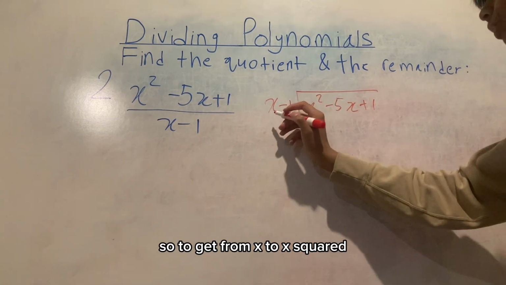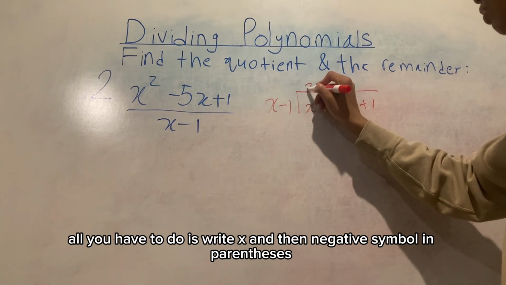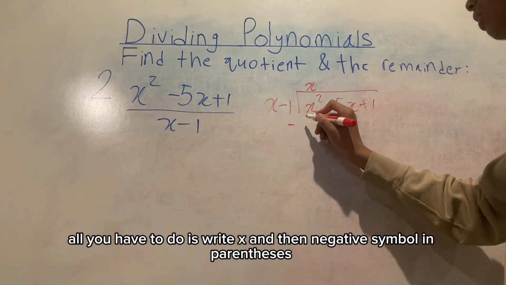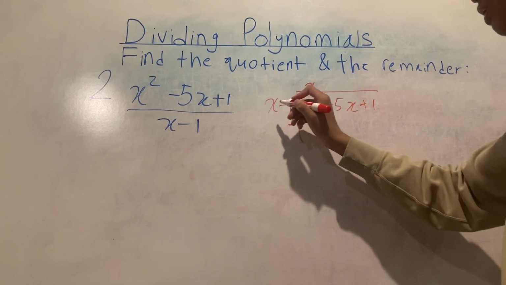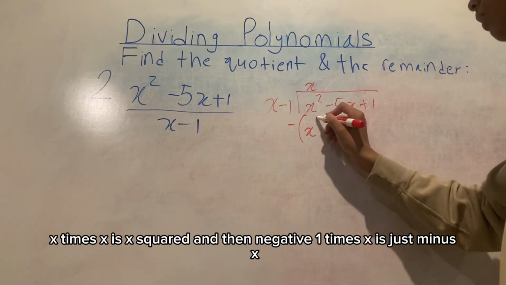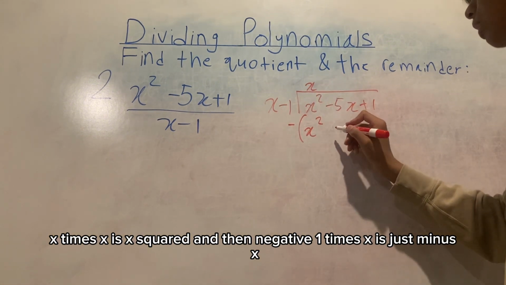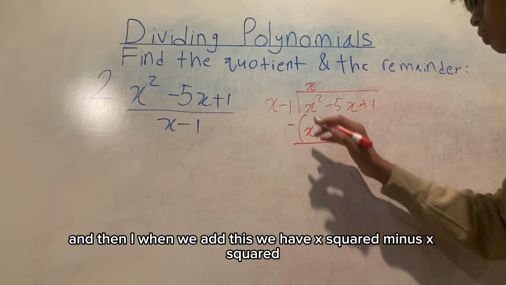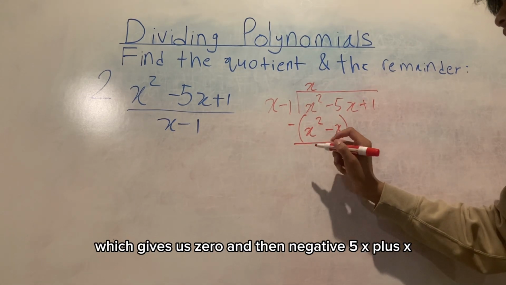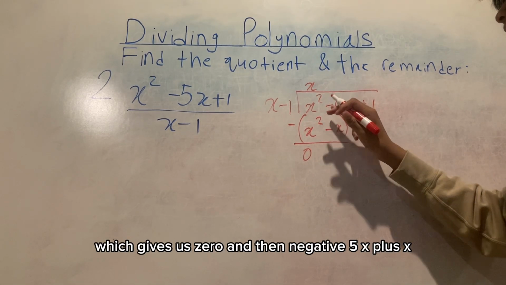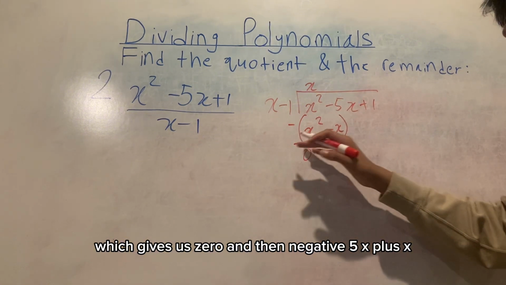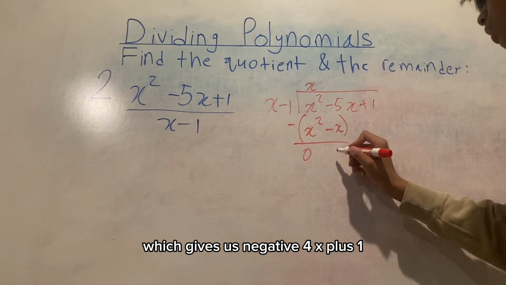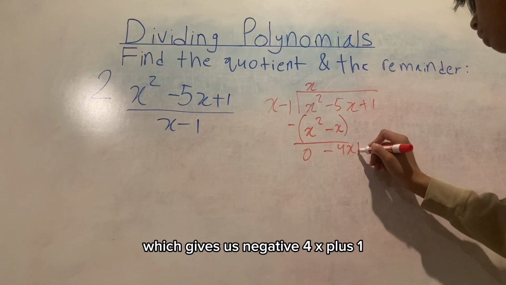To get from x to x squared, all we have to do is write x, and then a negative symbol in parentheses. x times x is x squared, and negative 1 times x is just minus x. Now when we add this, we have x squared minus x squared, which gives us 0, and negative 5x plus x, which gives us negative 4x plus 1.